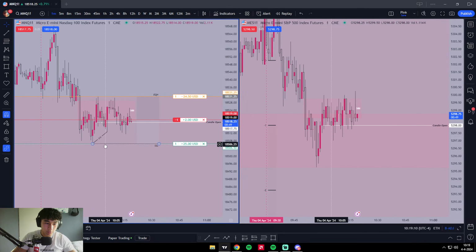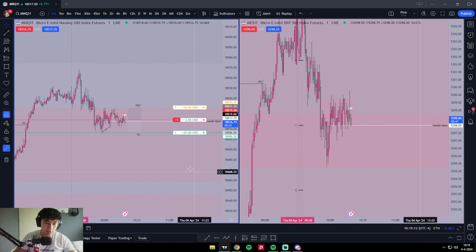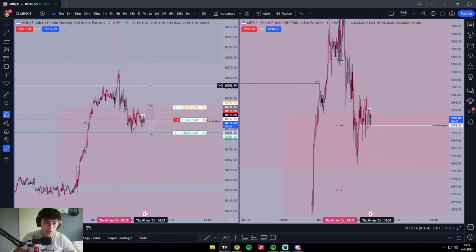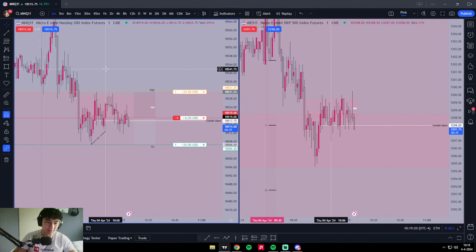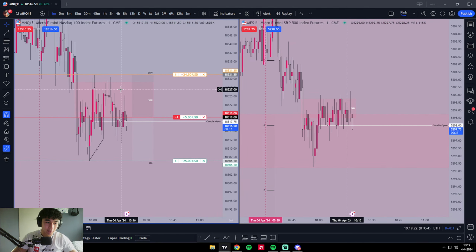I would bet that we first take out these lows because it's a market maker sell model. Just zooming out. Not risking anything crazy. Tapping that BPR there.